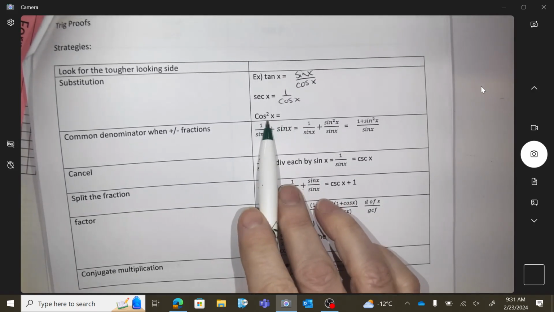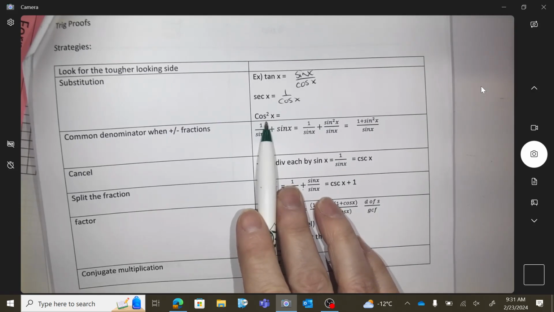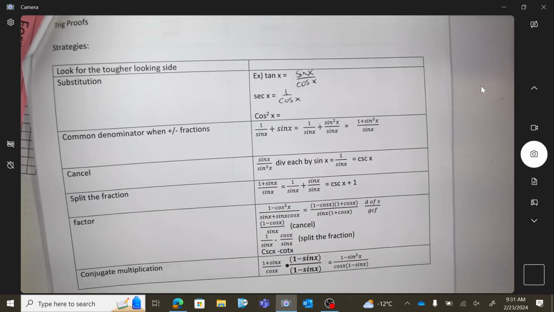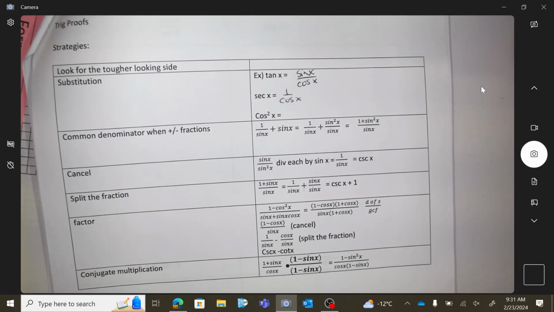Another example of a substitution is what could I replace cos squared with? Maybe something on this paper, maybe something in the top corner, maybe a bunch of things we wrote down.